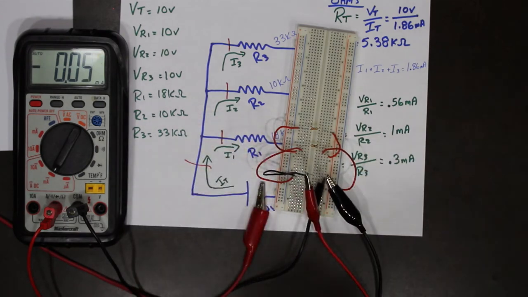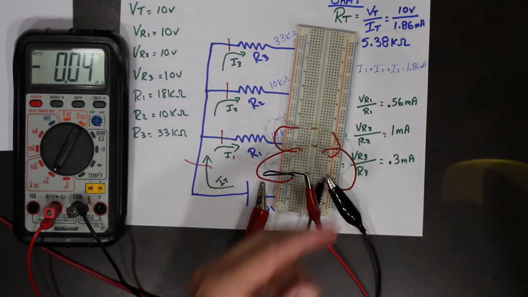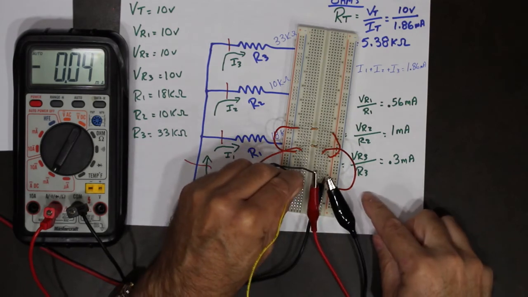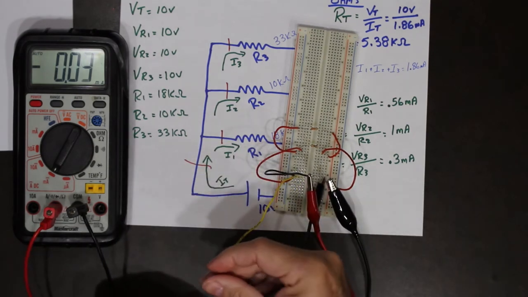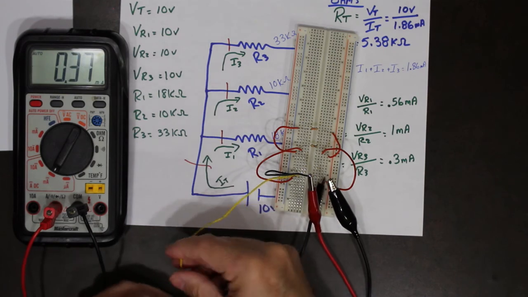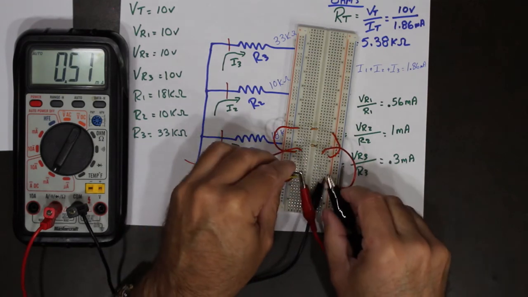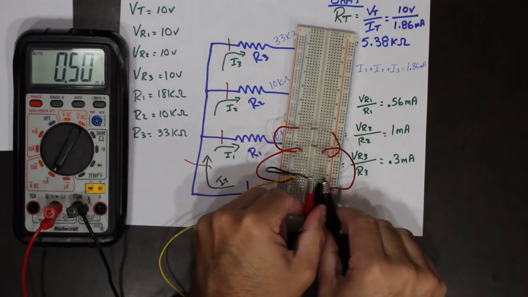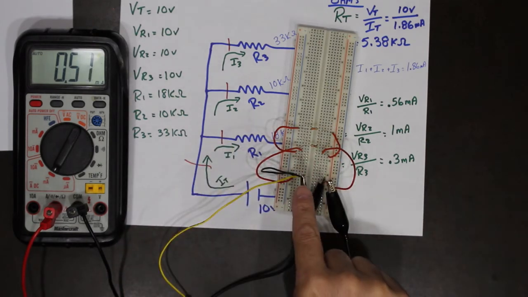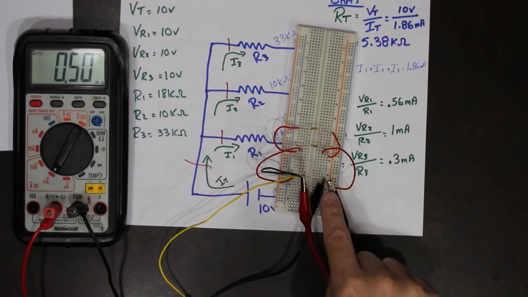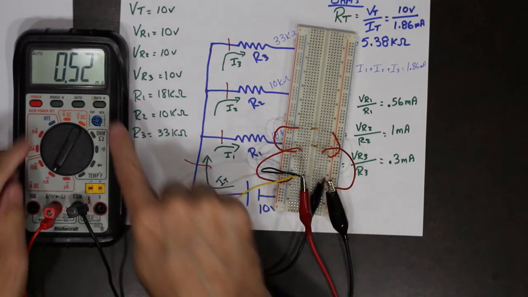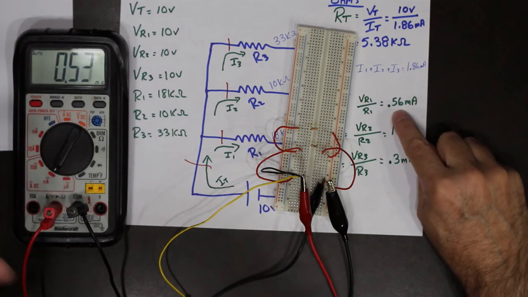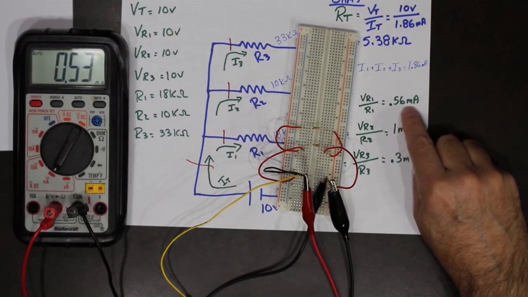And I need to put my power supply back. Just move it out of the way. There we go. So what I've done is I've just taken it as I pretend I broke this wire. Boom, I just broke that wire and I put the ammeter on one side, closed up, and here's my current, 0.51, 0.52 milliamps right there.